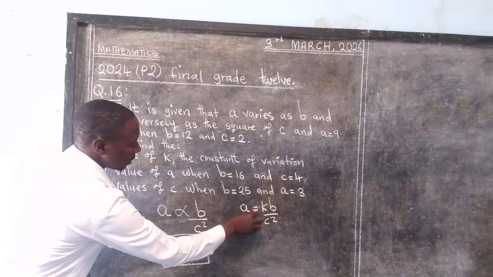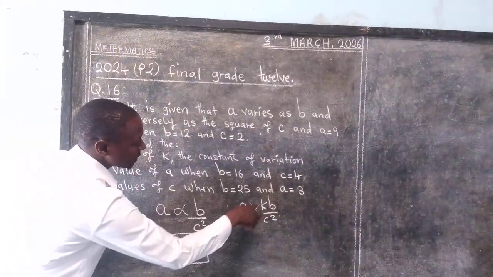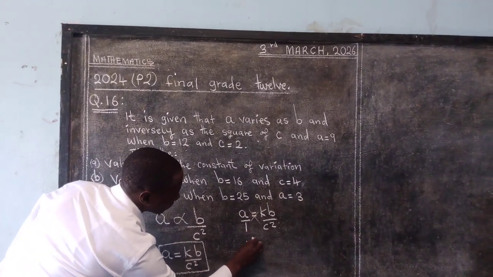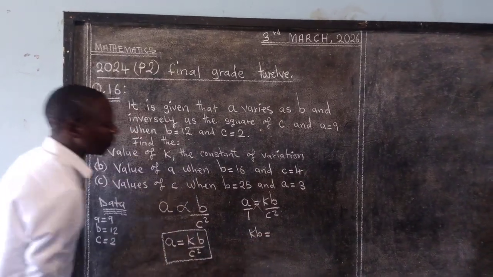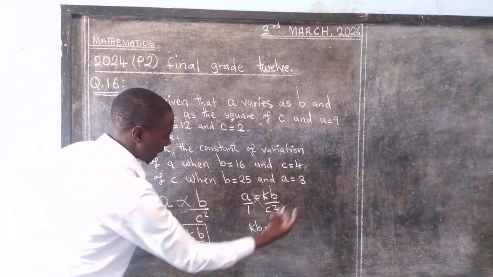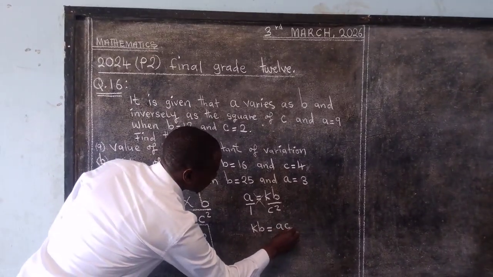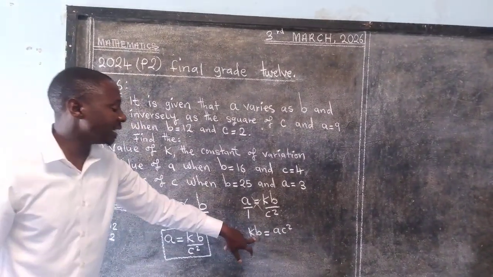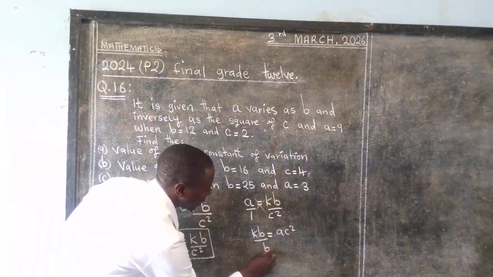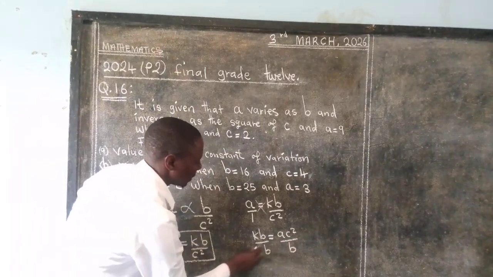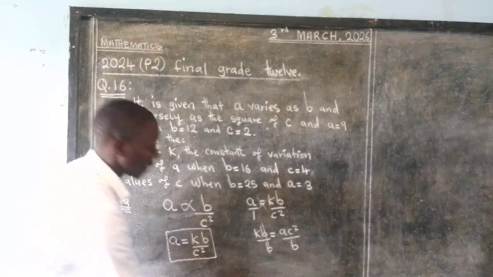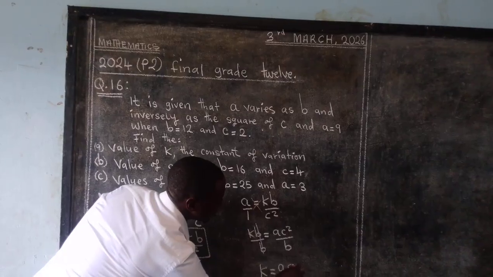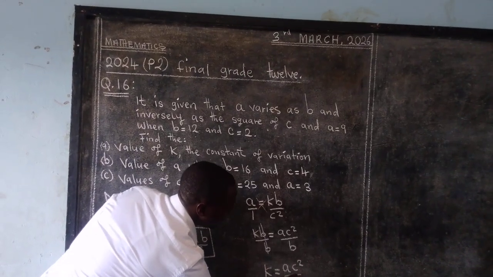Then you cross multiply. 1 times KB is equals to A times C squared. To get rid of K, we need to divide both sides by B. B and B cancel. So the constant is equals to AC squared over B.